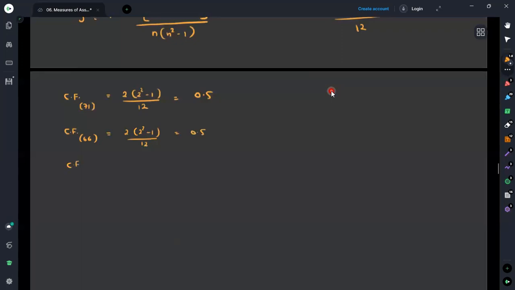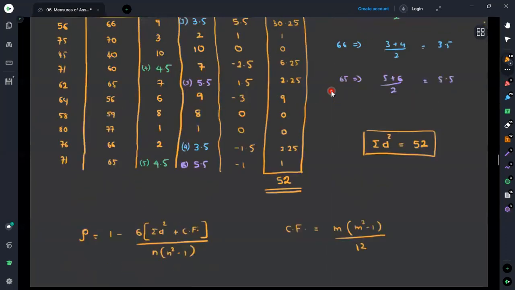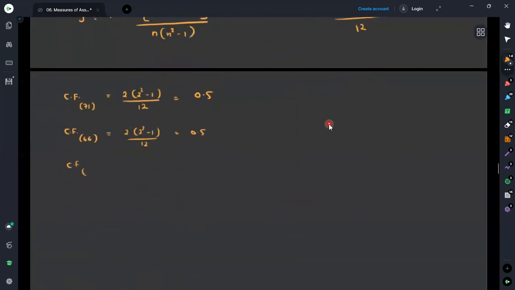Then the correction factor for the next value, 65, is also repeated 2 times. Now we need to take the summation of all three as the correction factor. Then it is 0.5 plus 0.5 plus 0.5. Altogether we are getting the correction factor as 1.5.